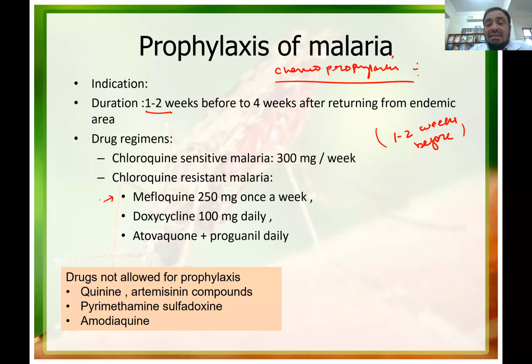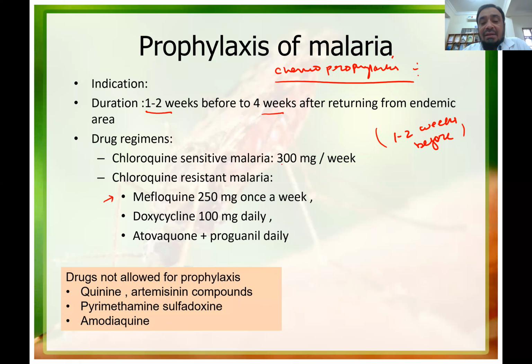And it is continued till 1 month after the patient returns from the endemic area. Okay, so for the whole stay of the patient, you will give this chemoprophylaxis, and again you will continue it 1 month after the patient returns from the endemic area.